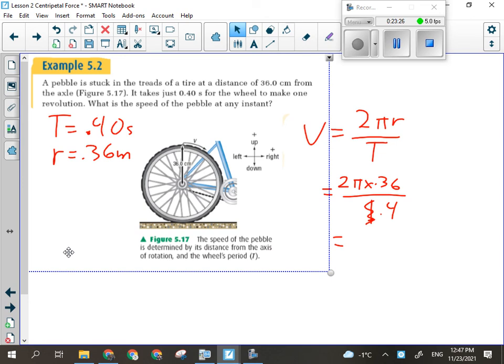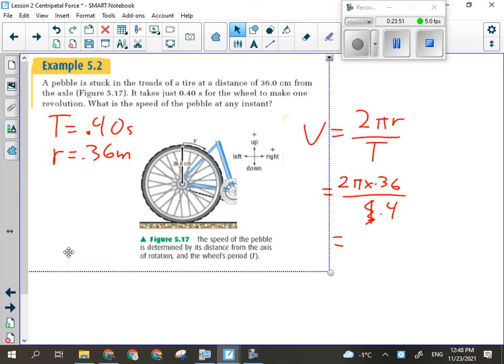If you go fast enough, it'll fly out, and then it usually hits somebody's windshield. But it's stuck in there for now. What's holding it in there is the force of friction between the rubber and the rock. But at some point, the rock's inertia will be great enough that its desire to leave the circle will be greater than the tire's ability to hold it in the tread.